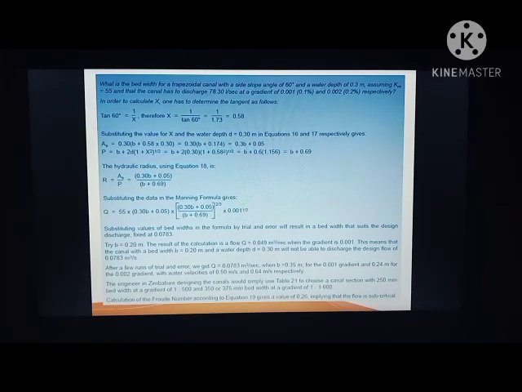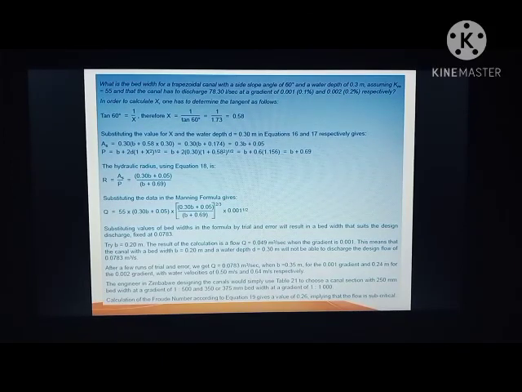Substituting the data in the Manning formula gives Q equal to 55 multiplied by the quantity (0.30b plus 0.05) multiplied by the quantity ((0.30b plus 0.05) over (b plus 0.69)) raised to 2/3 multiplied by 0.001 raised to 1/2.